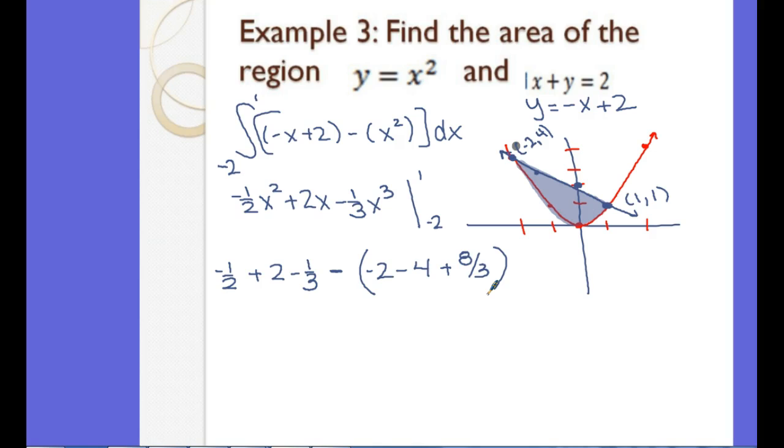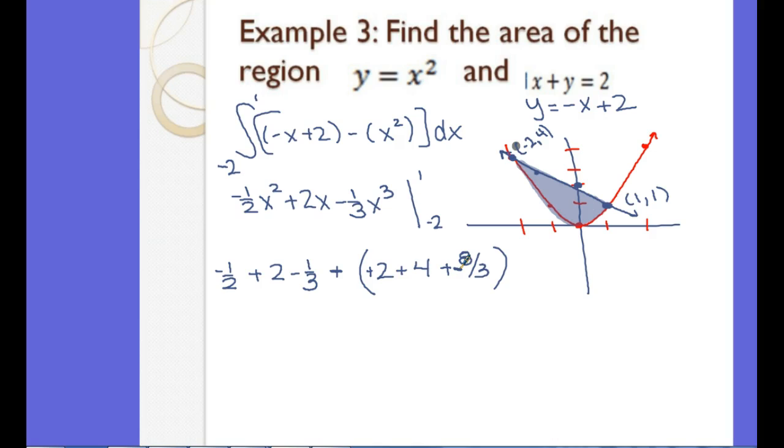Combine like terms. This negative distributes through, so I'm just going to turn it to a positive and change all my signs. Negative 1/3 and negative 8/3 gives you negative 9/3. Negative 9/3 is really just negative 3.